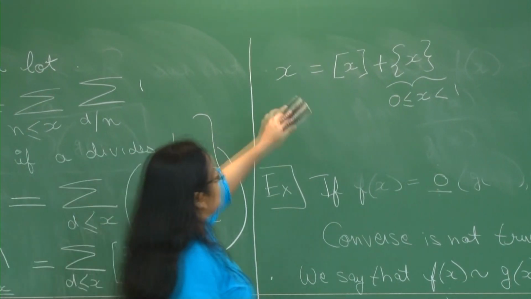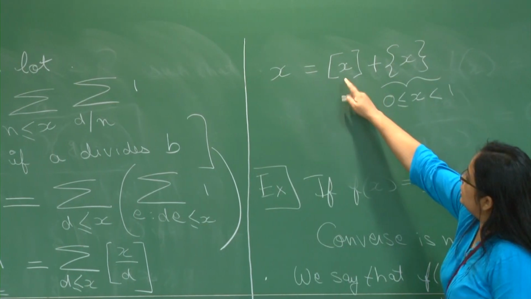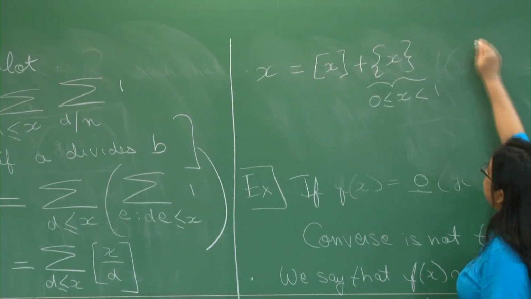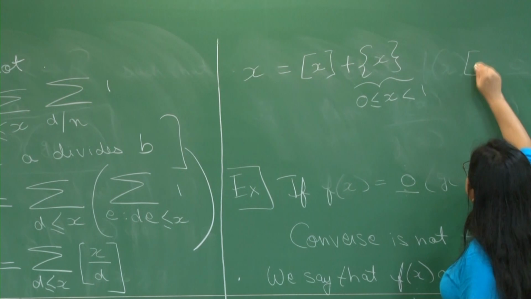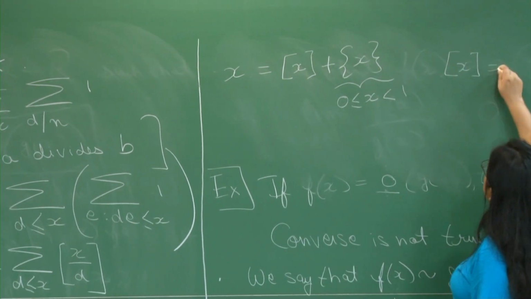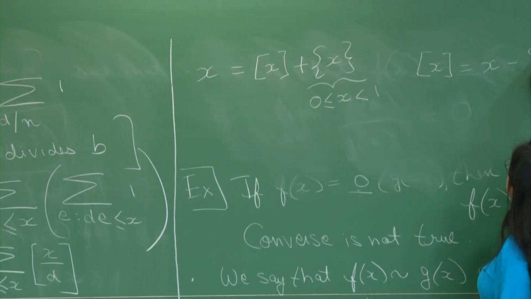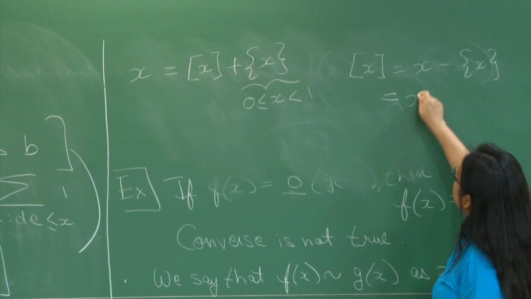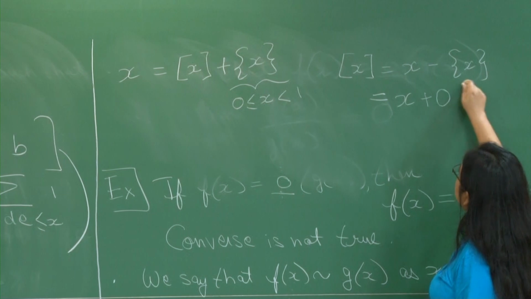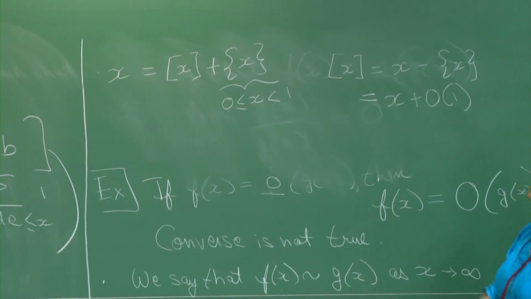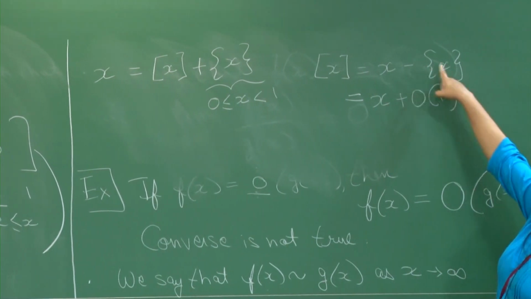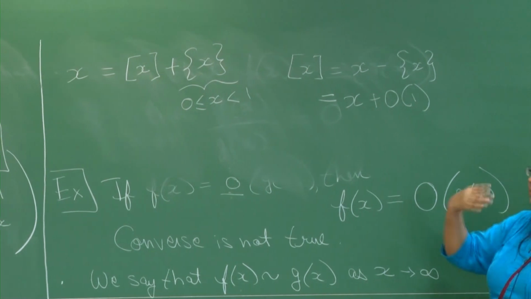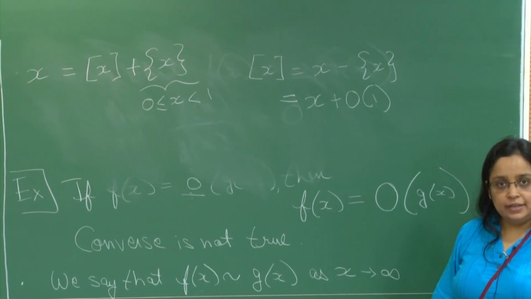So, you can write this expression box x. So, what you have is box x is equal to x minus fractional part of x, which you know is x plus O of 1, because the absolute value of minus fractional part of x is bounded at most by 1, right.